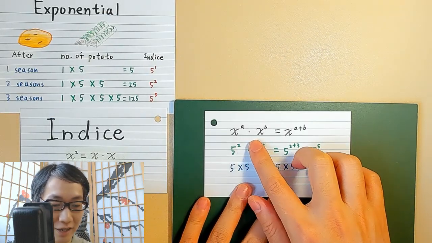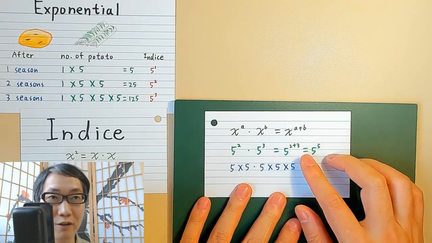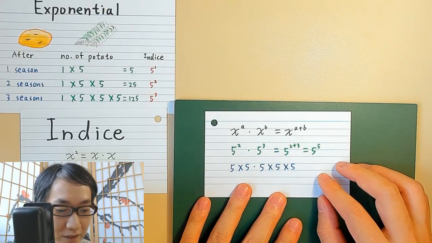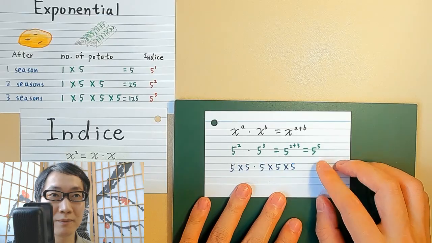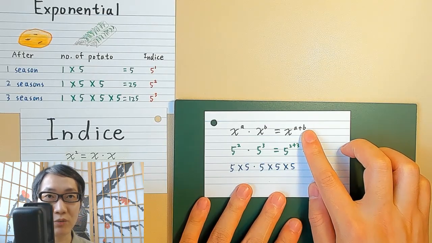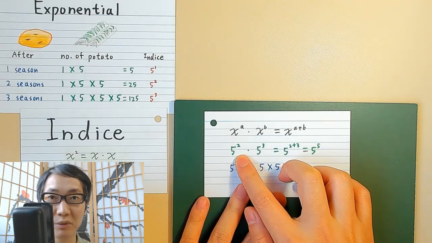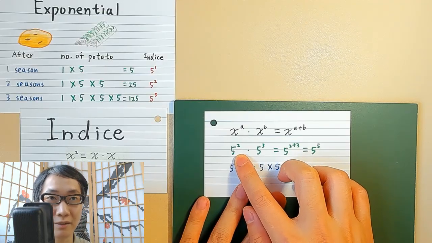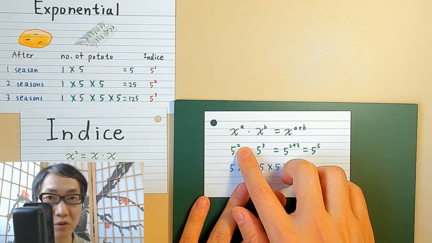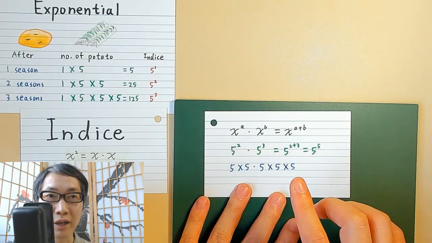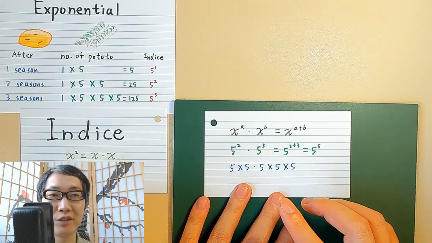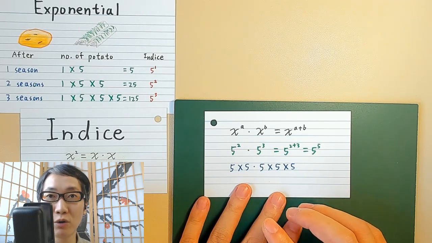So this is x to the power of a times x to the power of b is equal to x to the power of a plus b. What does that mean? Let's say we are using 5 as the exponential factor again. We plant the potatoes for 2 seasons, and then we want to predict what will happen if we plant for 3 more seasons.